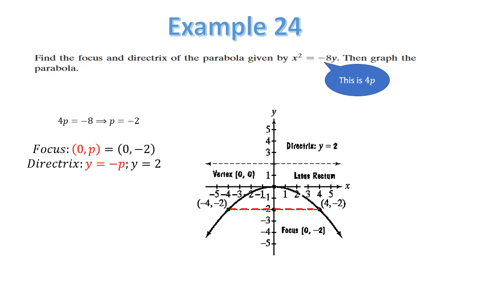The latus rectum is the absolute value of 4p, which is 8. So keep in mind the latus rectum extends 4 units from the focus, left and right. My vertex is still at the origin, the directrix is y equals 2, and the focus is at (0, -2).